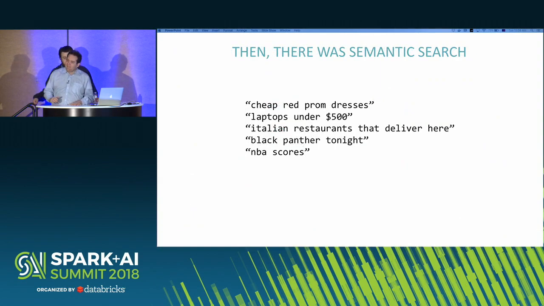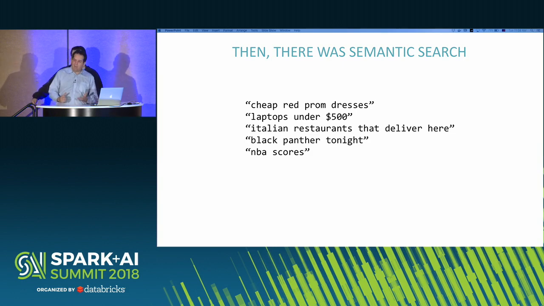When we went slightly beyond that, and this started with the main search engines and propagated from there, we did semantic search. And these are 5 queries that if you try them on Google, you would get the results you'd expect. And basically what this means, look, we are no longer doing keyword matching on the text. What we are trying is to understand the intent of the query.